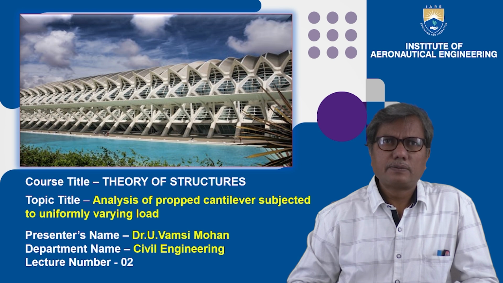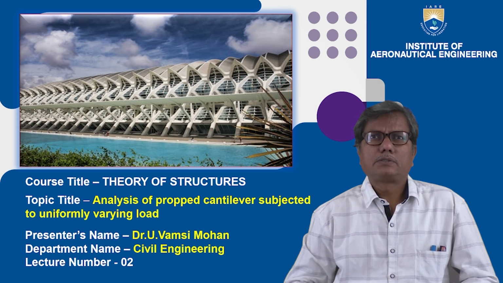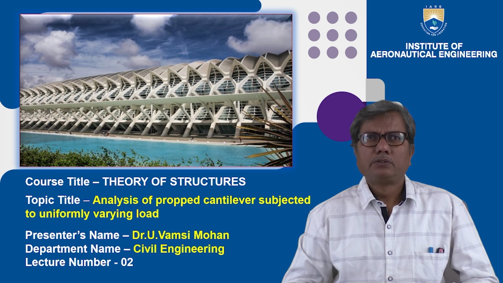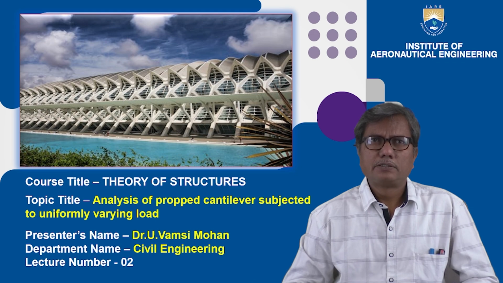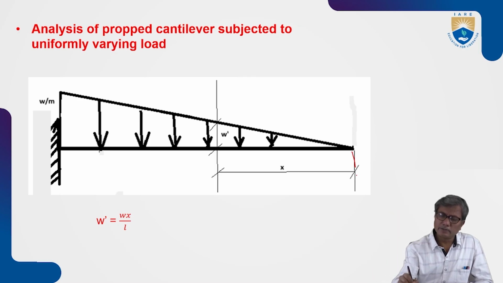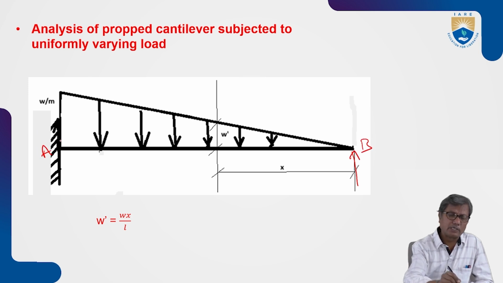In today's session, I will be discussing the propped cantilever subjected to uniformly varying load, propped at the free end. The prop reaction. With the prop here at the free end.